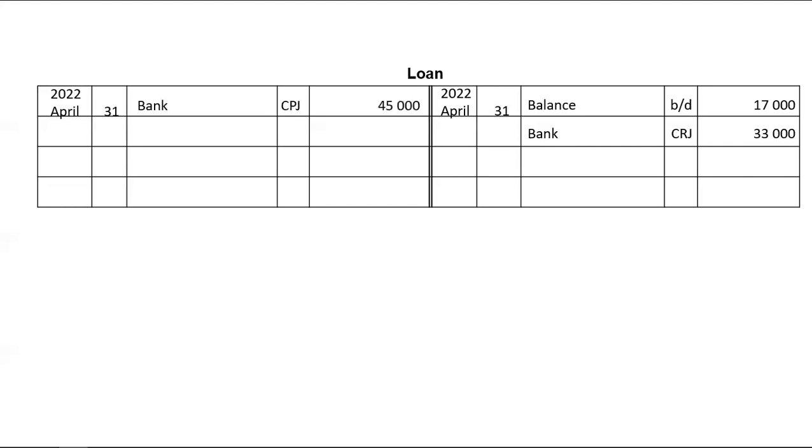And all I'm going to do is simply total both sides. When I total the credit side, I will simply take that 17,000 added with 33,000, which will give me 50,000. And I will simply take that 50,000 minus 45,000. It will simply give me 5,000, which is my balance carried down. That balance carried down will be balance brought down for the following month.